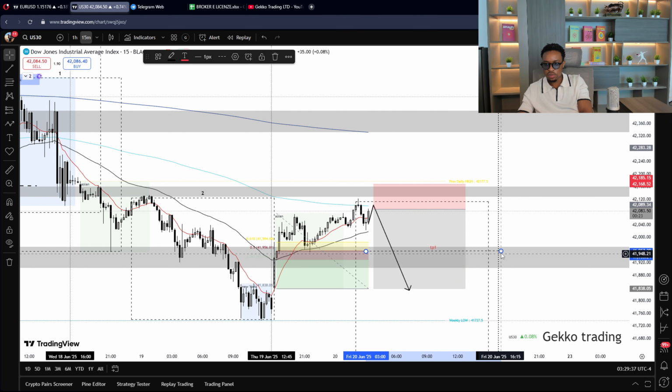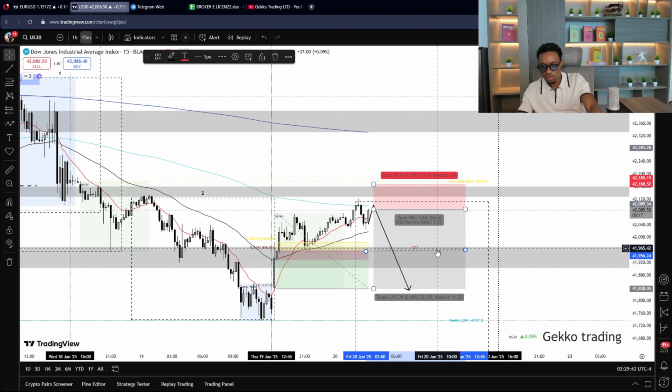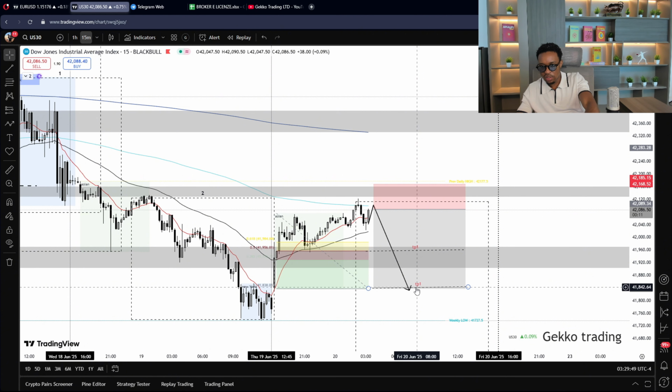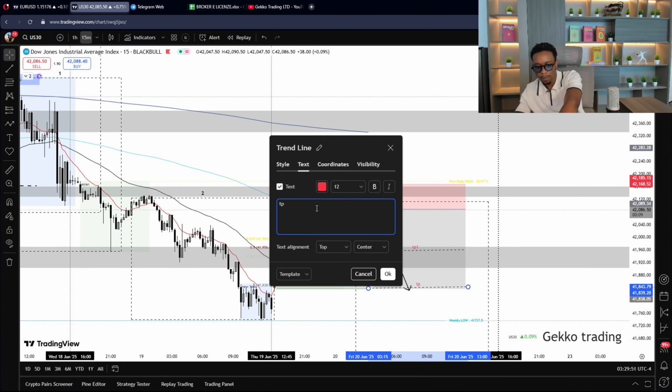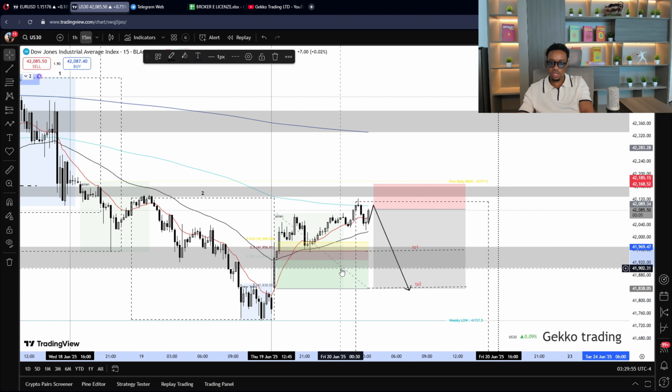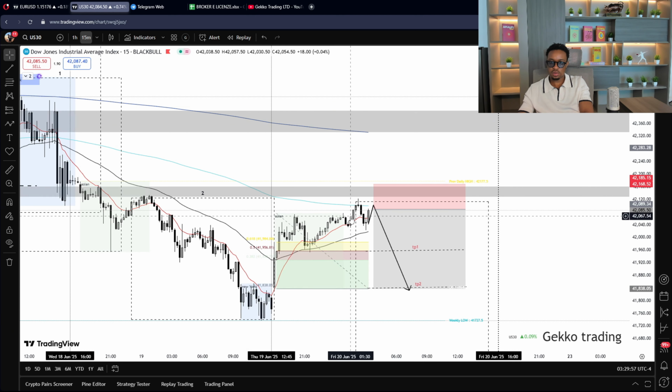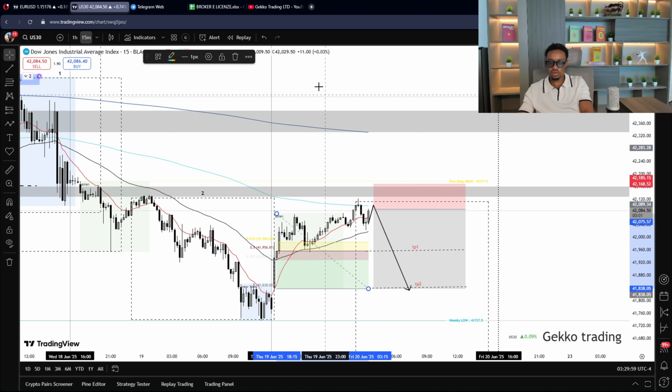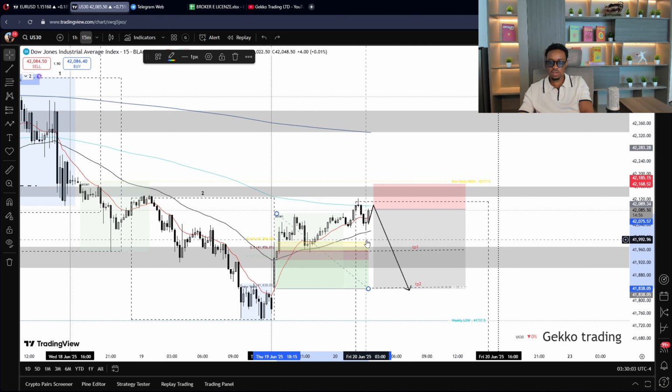Yeah, so for TP1 I would probably be targeting the Asian mid, and let me copy this and see if I can. And then for my TP2 I would probably be targeting the Asian low for my TP2. What did I just take out?